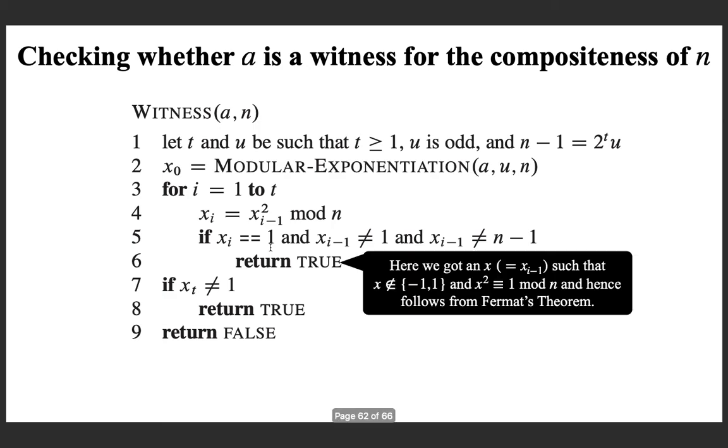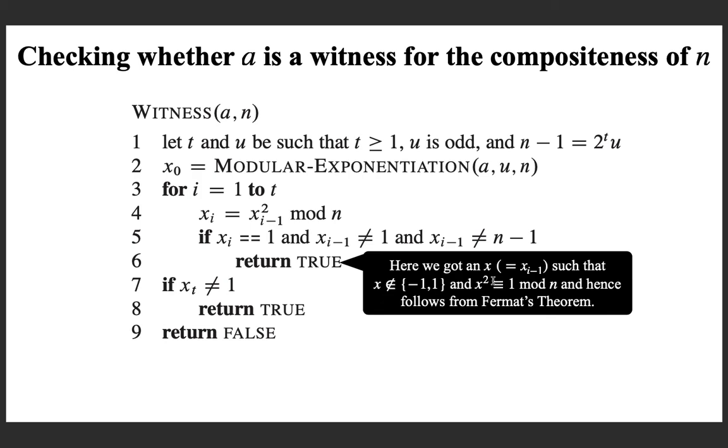Then from Fermat's theorem you can conclude that the given number n is a composite number, and that is why you are telling that it is composite. When it returns true, it says that n is composite because a is a witness for the compositeness of n.